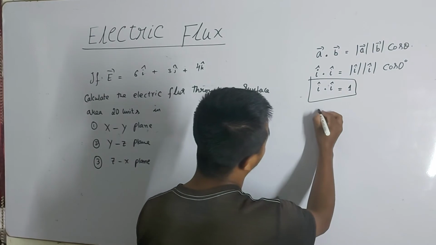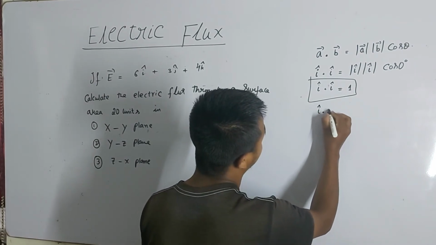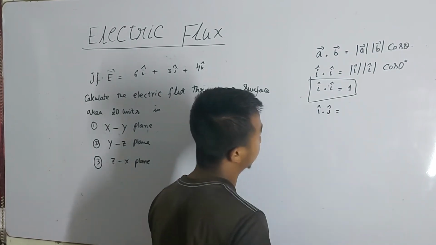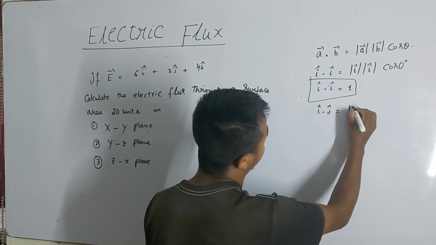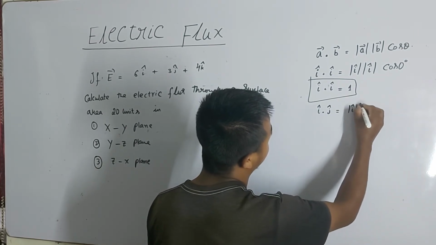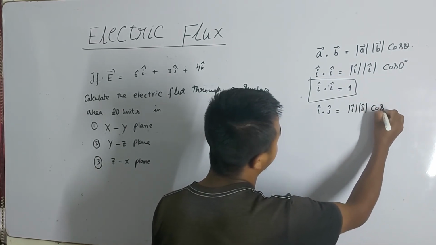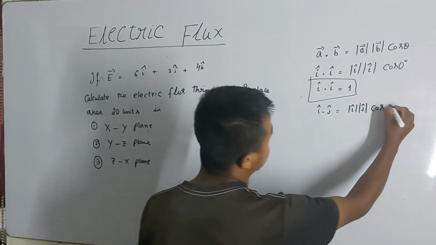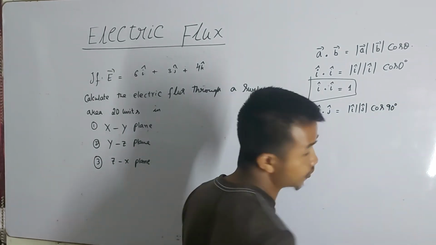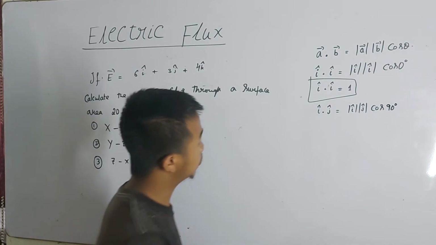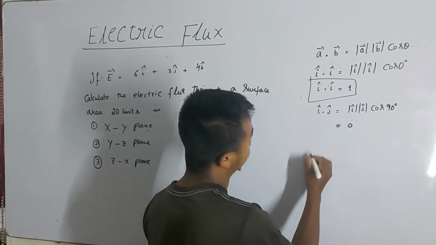Then if you write i dot j, it is mod of i, mod of j, and the angle between i and j is 90 degrees. Cos of 90 is 0, so i dot j is 0.